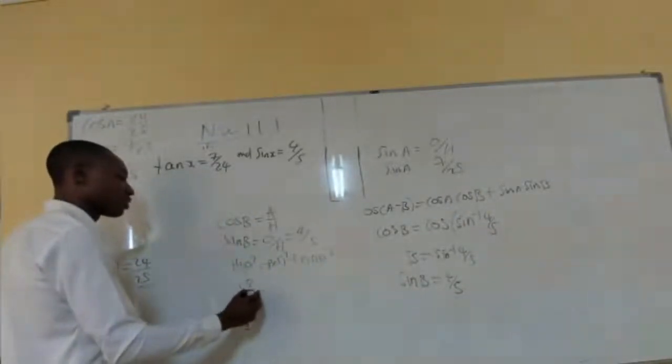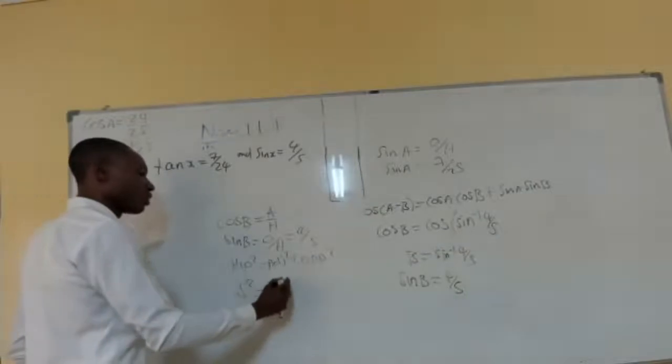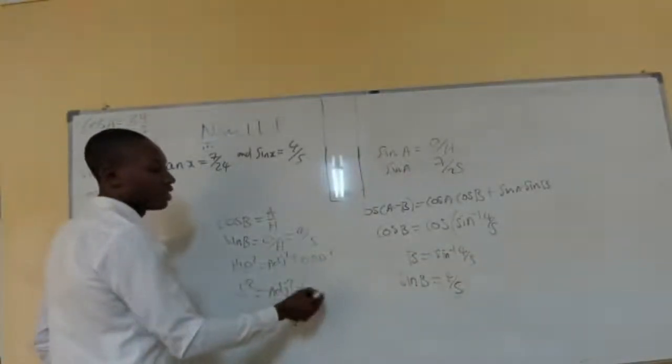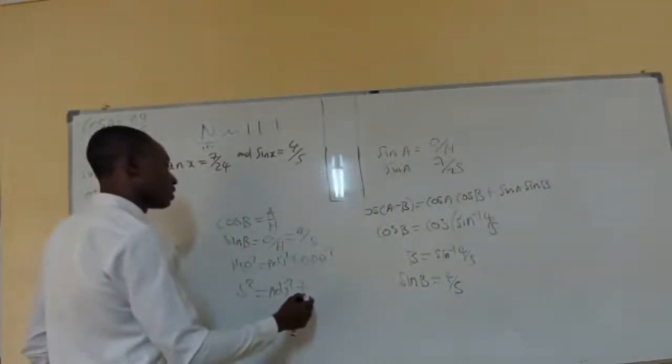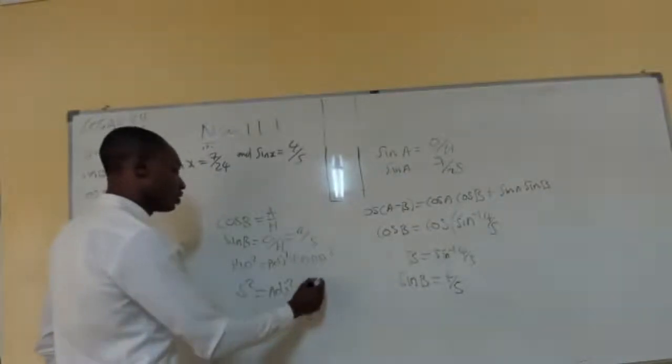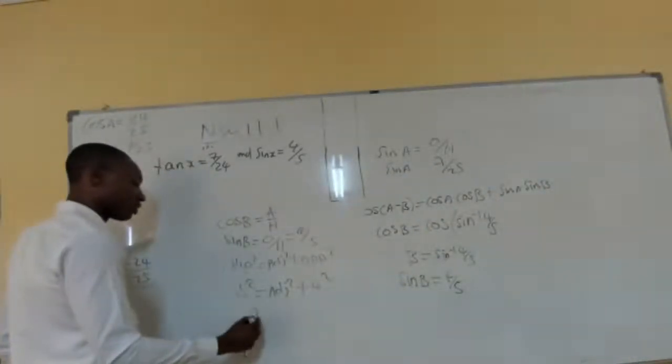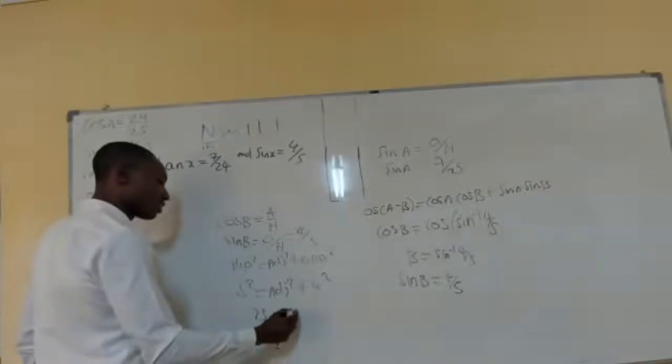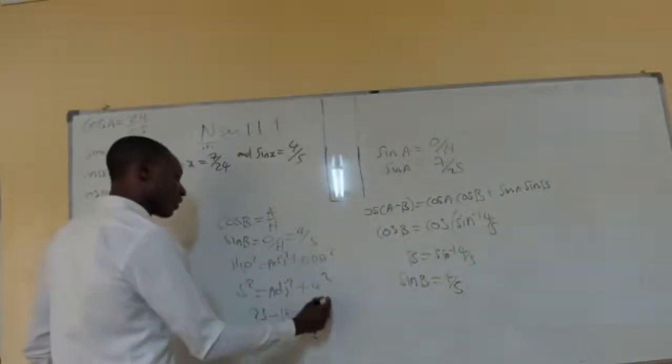So 5 squared is equal to adjacent squared plus 4 squared, so 25 minus 16 is equal to adjacent squared.